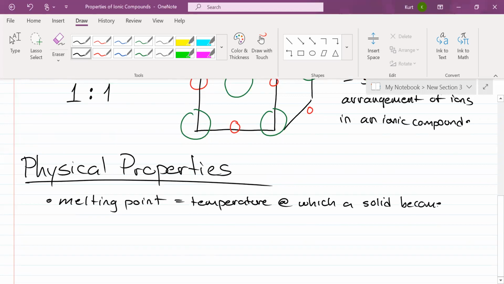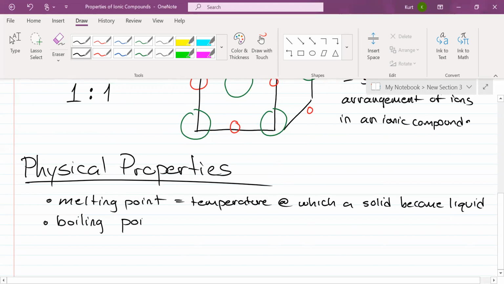You all know that melting means you're going from a solid to a liquid, I hope. You have boiling point. This is the temperature at which a liquid becomes a gas.